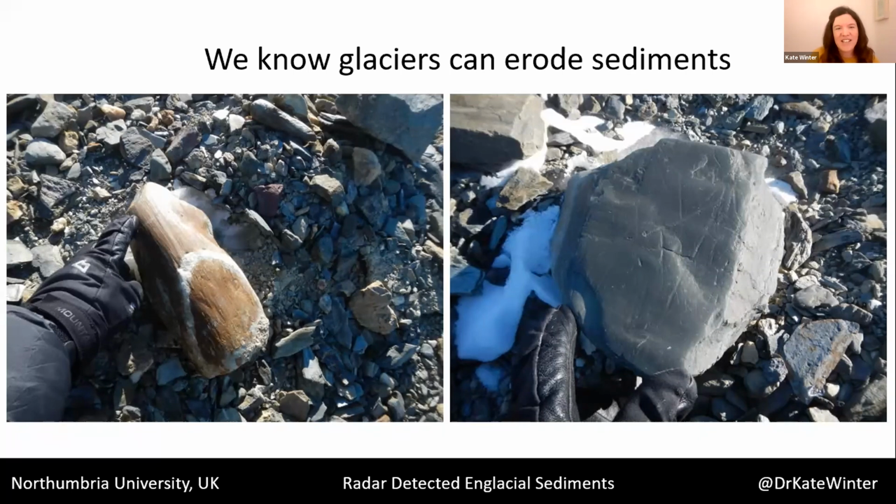So brown compared to grey for those who are not so into geology. And that tells us that it's been transported through the ice. Now the clast on the right has pock marks and striations in different orientations. So it's a slightly more complicated flow path to get to its current site on a blue ice moraine in West Antarctica. So these are evidence that these rocks are entering the glacial system and moving through the glacial system.